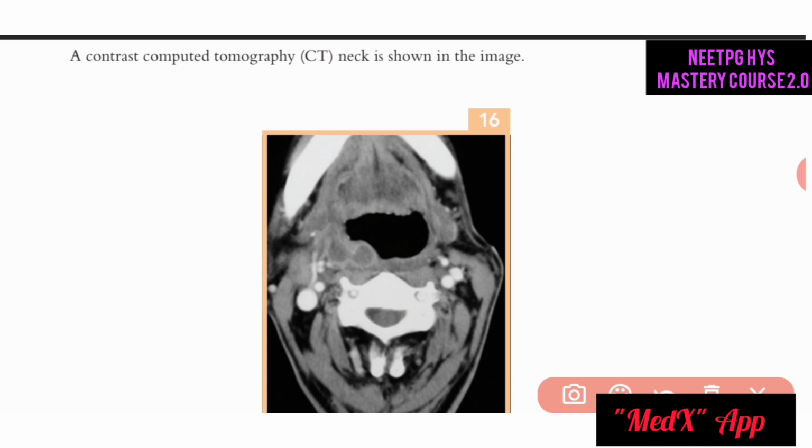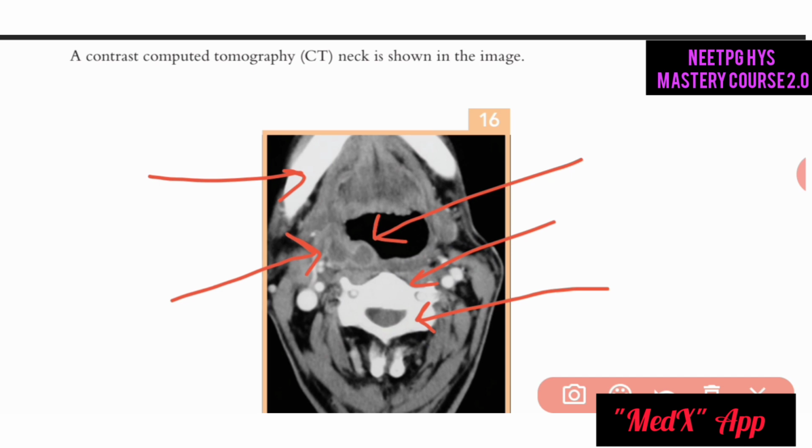The thing that you can appreciate here is a hypodense lesion, and you can say it is a collection and a bulge in the oropharynx. This is your mandible, the white things, your vertebra, your prevertebral space, your retropharyngeal space, and this space is your parapharyngeal space.